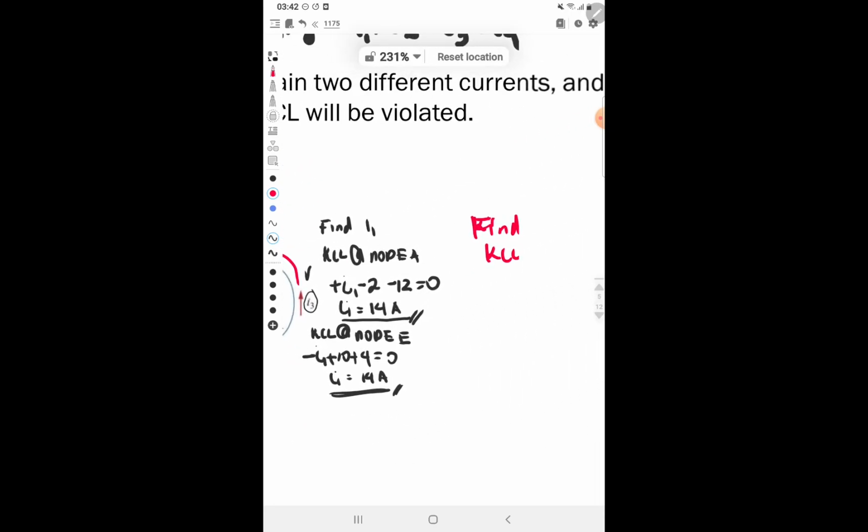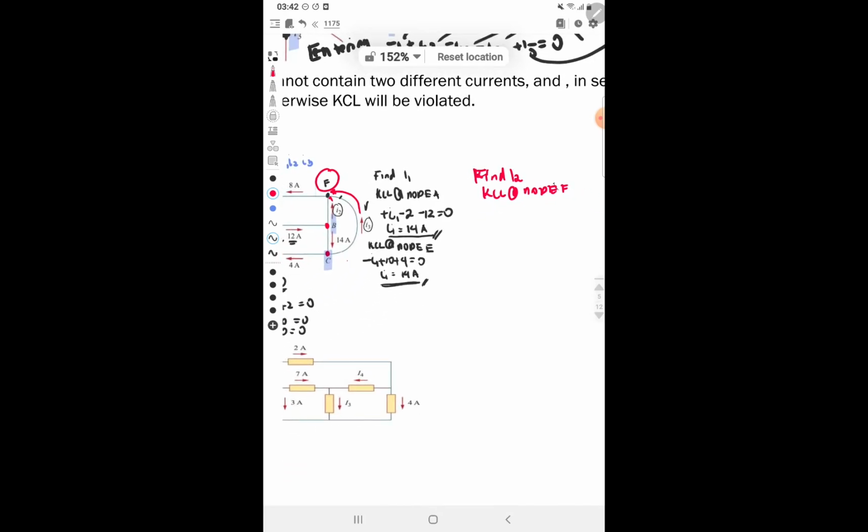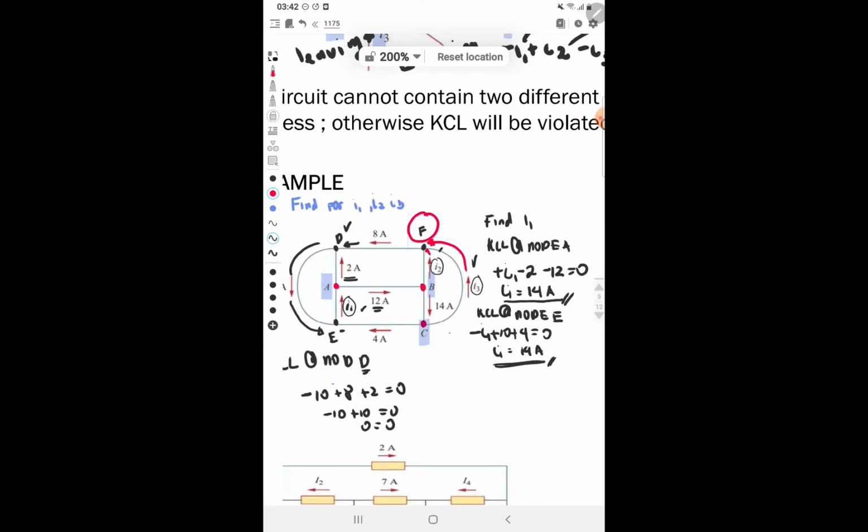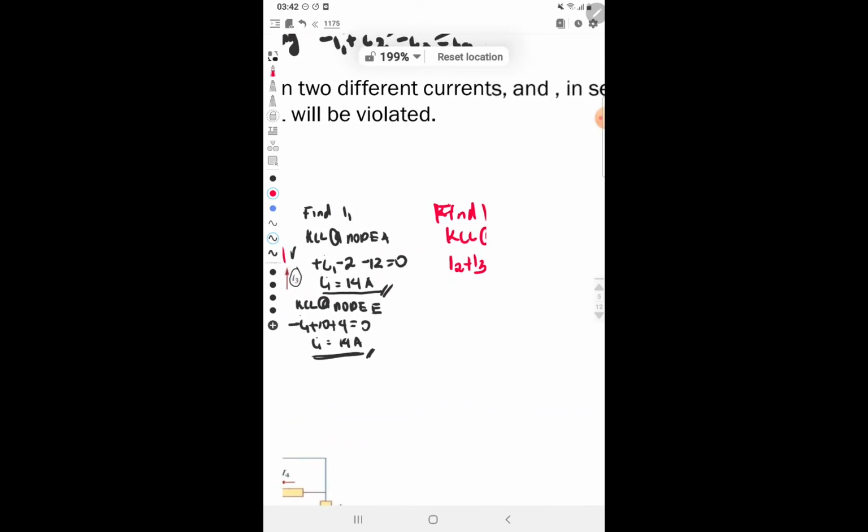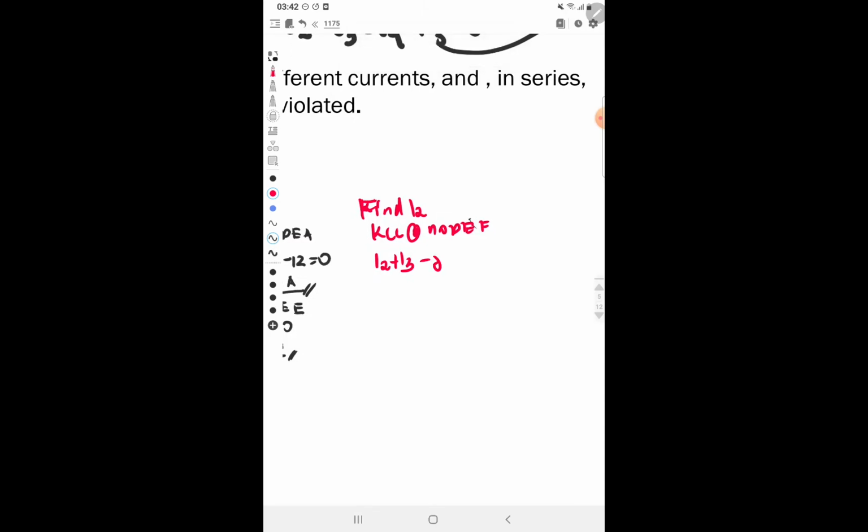You can see that we have I2 entering and I3 entering, so I2 plus I3. And then we can see that 8 ampere is leaving, so minus 8 equals 0. So we have I2 plus I3 is equal to 8. You can see that you cannot directly solve for our I2 and our I3. So let's say this will be our equation 1.